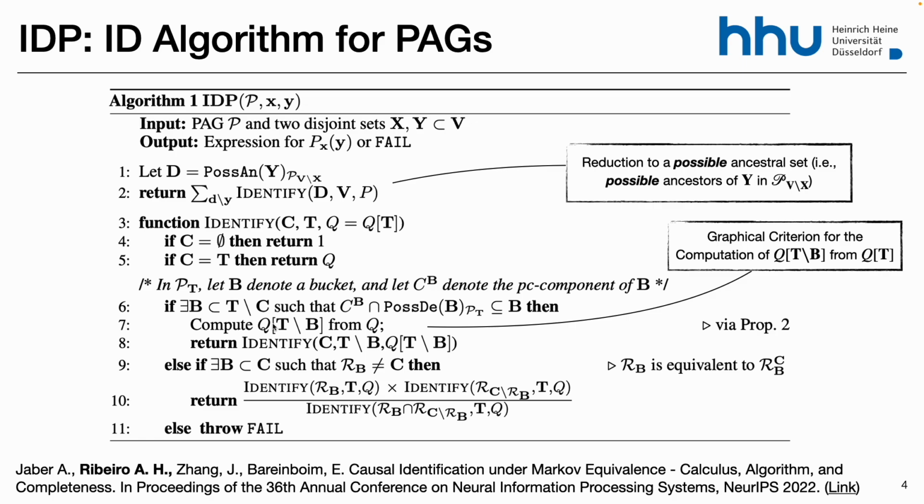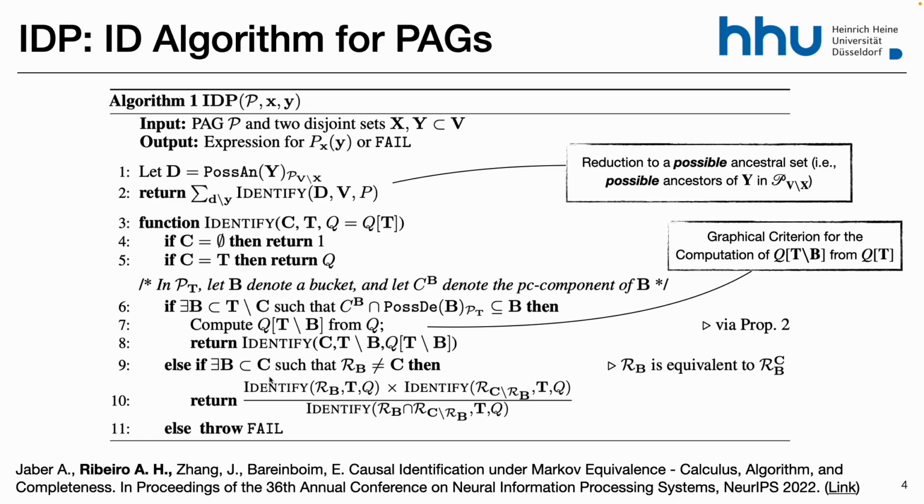We just call the function again using C and QT minus B, since we can compute it. That's the thing that you could identify. And if you cannot satisfy this condition for any bucket, then we will be here in line 9.